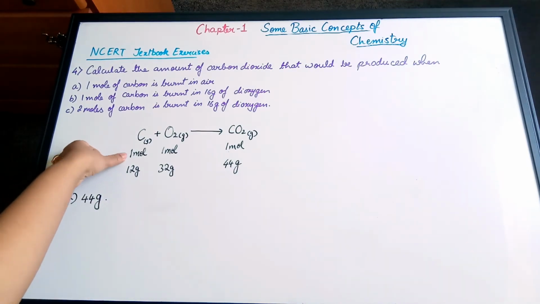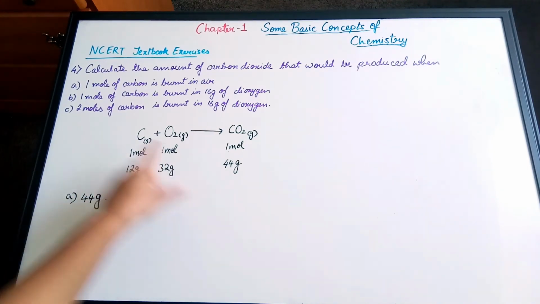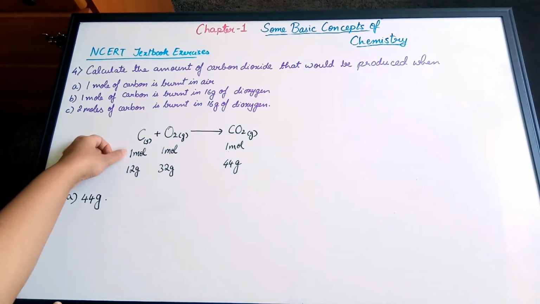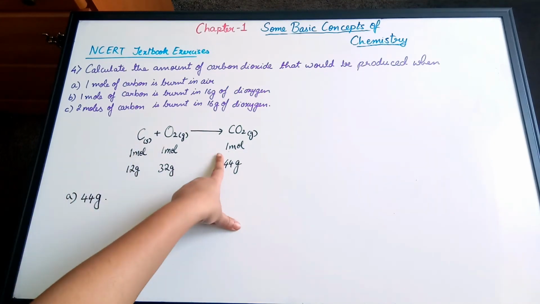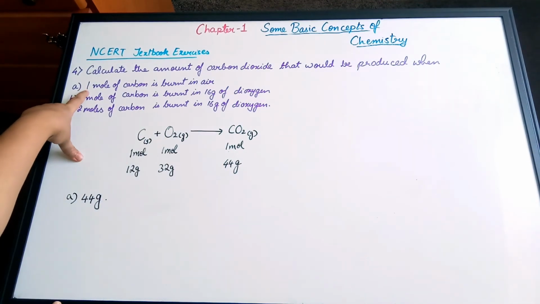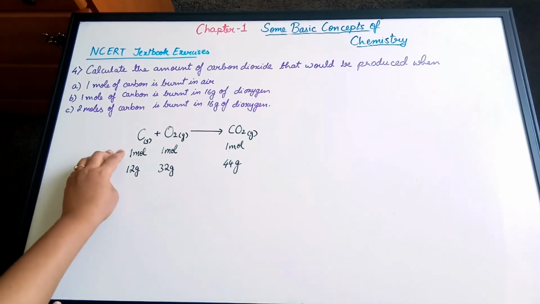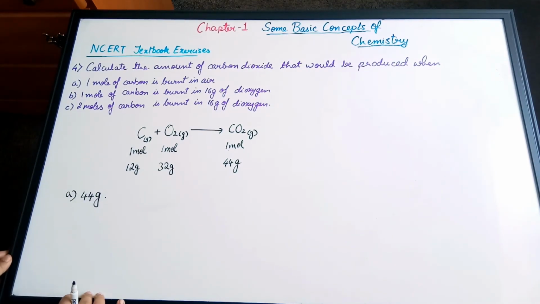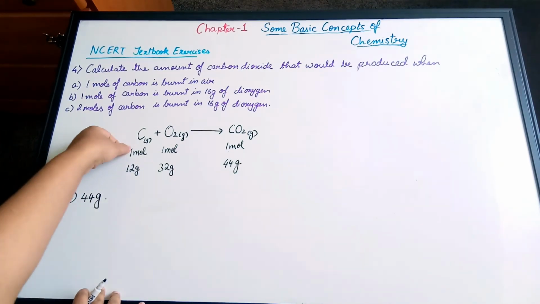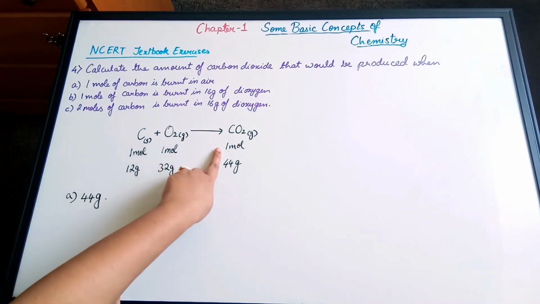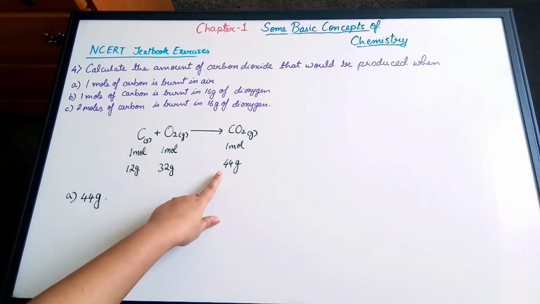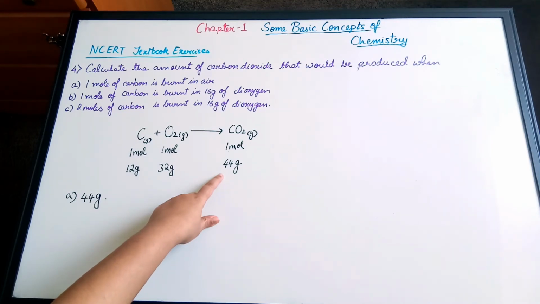Here we have 1 mole of carbon reacting with 1 mole of oxygen to form 1 mole of carbon dioxide. So 1 mole of carbon is burnt in the air, which means it has any amount of oxygen. Then 1 mole of carbon dioxide is formed, whose mass or quantity would be 44 grams.